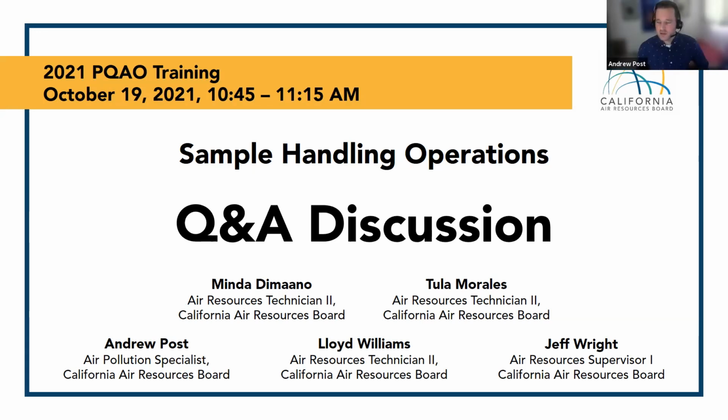Probably, but just for consistency, I think we provide overnight shipping for all samples, and for the foreseeable future, that's going to continue to be the case. But yes, in theory, they would be safe.